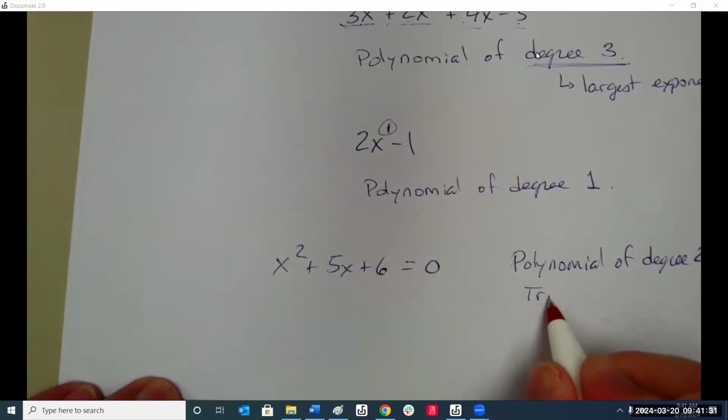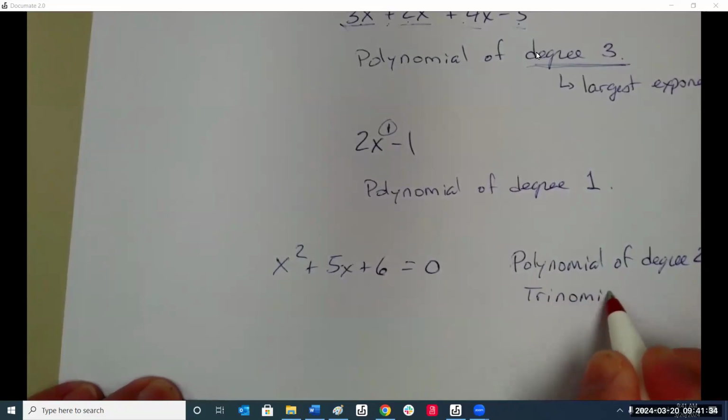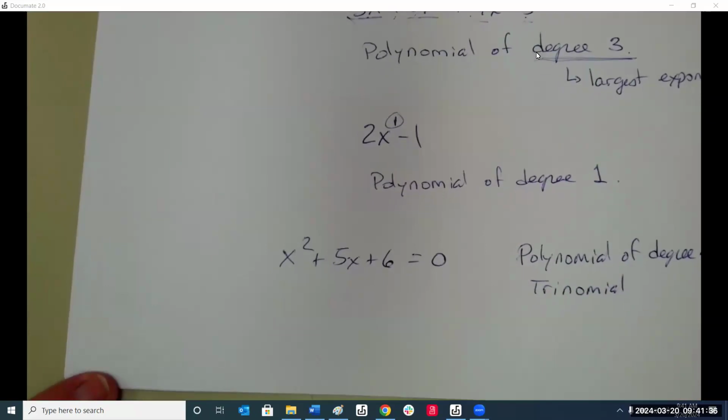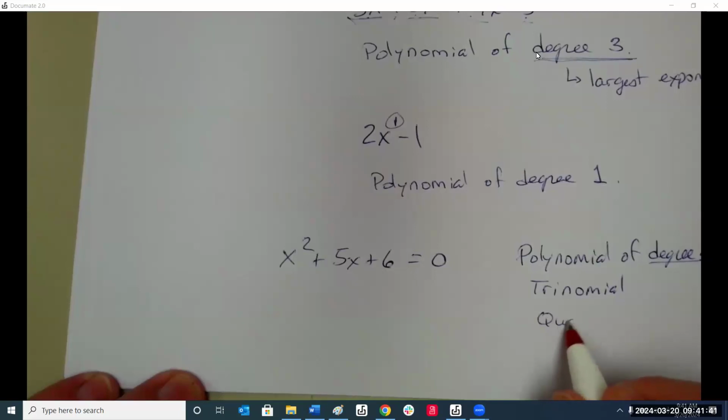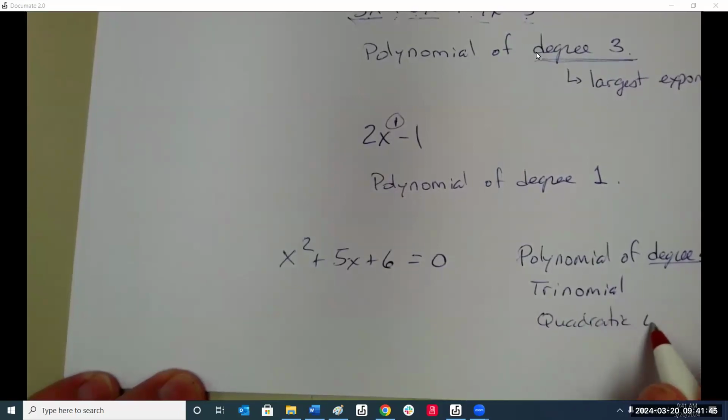It's a trinomial. Since it's a degree 2 polynomial, it's a quadratic equation.